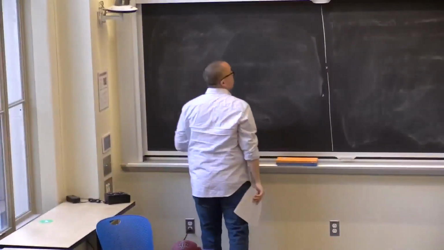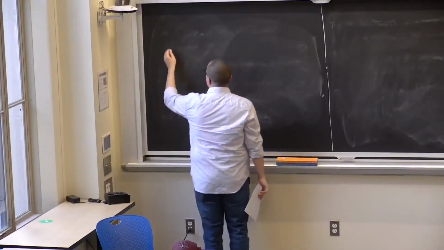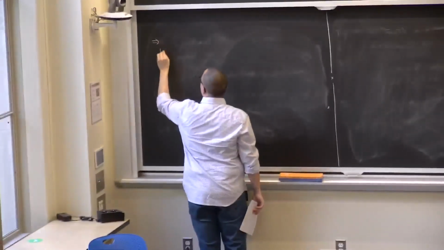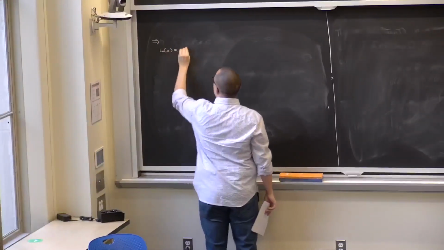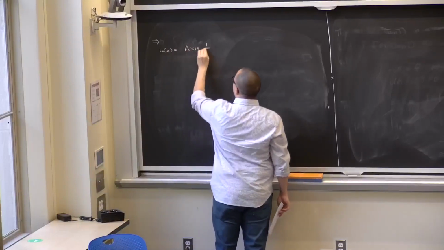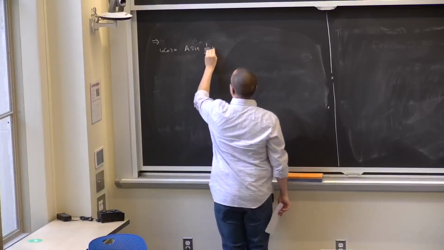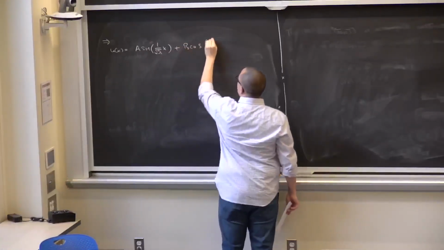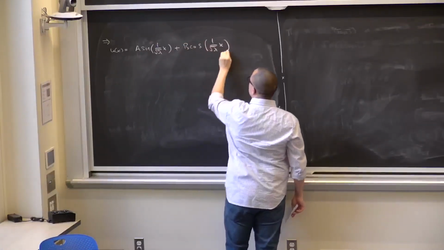It has to be a superposition of two functions. And I get that u of x must be equal to a times sine of 1 over square root of lambda times x, plus b times cosine of 1 over square root of lambda times x.